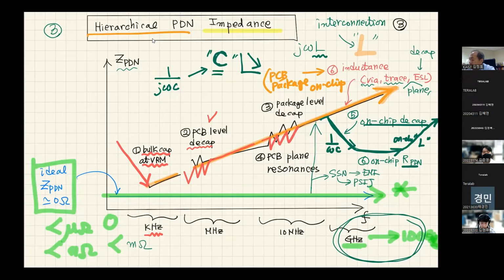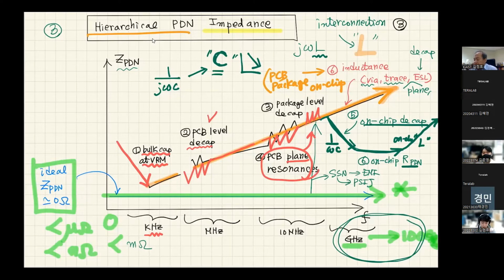Also, you're going to add some resonances. And here, even though I'm not going to show you the details, if you have PCB planes, it's going to create other resonances. These are the features of the PDN impedance curve.